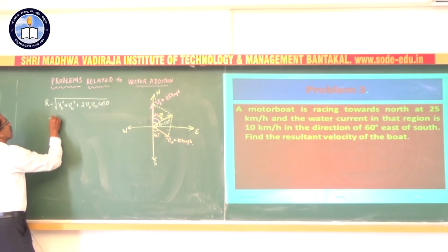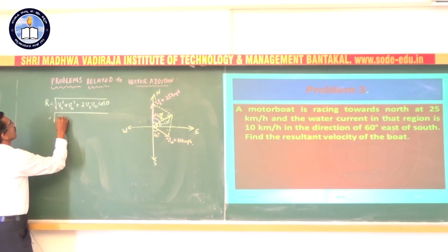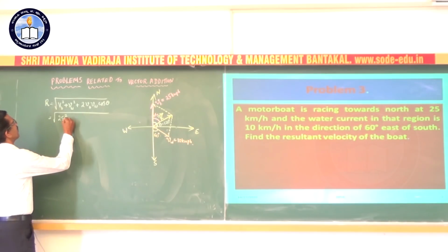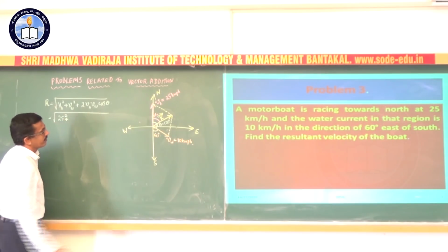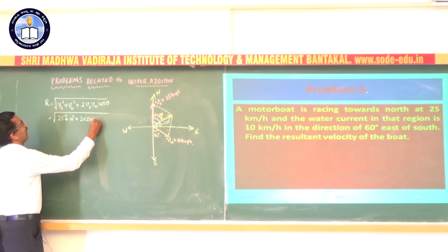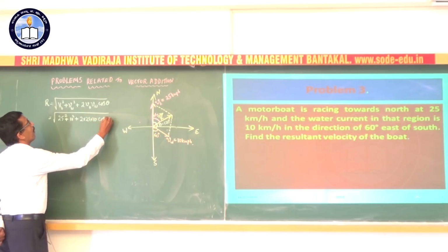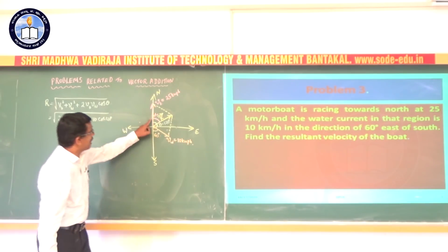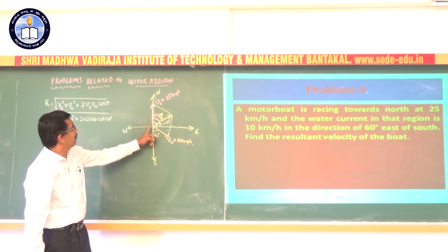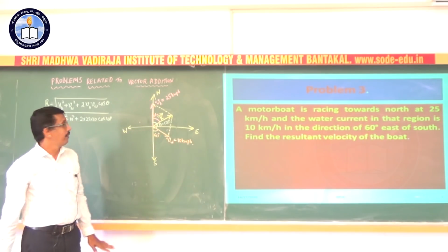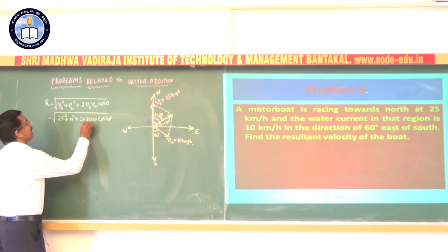Substitute the values. 25 square plus 10 square plus 2 into 25 into 10 into cos 120 degree, where theta is the angle between the velocity of boat and velocity of water stream.